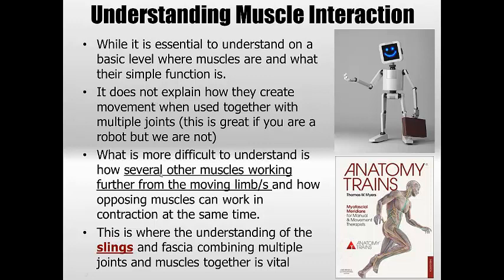This is not taught very much, and this is why a lot of people are being treated for just the muscle, but not really looking at the muscles that were meant to slow it down, that were further away from the moving limb. This is where a lot of trainers really don't understand how other muscles nowhere near the moving limb are heavily involved in what's going to happen to that muscle, and the contractions that are opposing the moving thing.